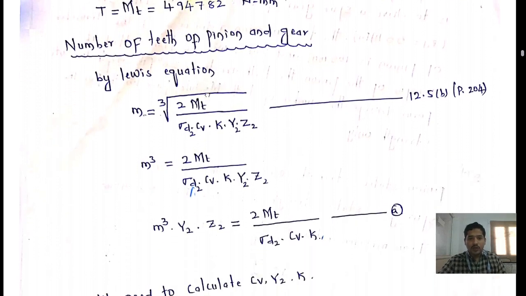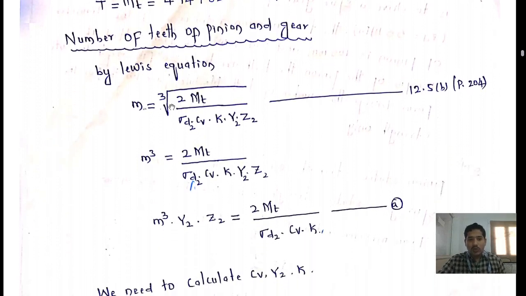Clear here? So if the power is 1 by 3 and it is moved to this side, it makes the power m cube. 2 Mt as it is, by sigma d2 Cv k into y2 into z2. You have to refer to this equation, equation 12.5b, page number 204.